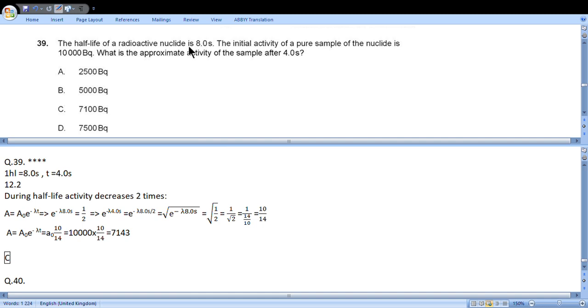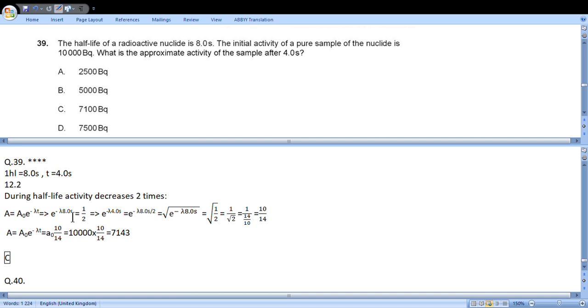The half-life of a radioactive nuclide is 8 seconds. The initial activity of a pure sample is 10,000 becquerel. What is the approximate activity of the sample after 4 seconds? So you see 4 seconds is half of the half-life. During a half-life, activity decreases 2 times. So this is the formula. During a half-life, which is 8 seconds, it is 1/2.